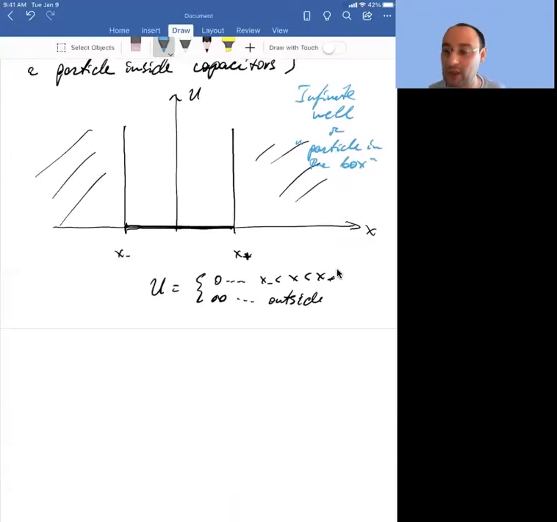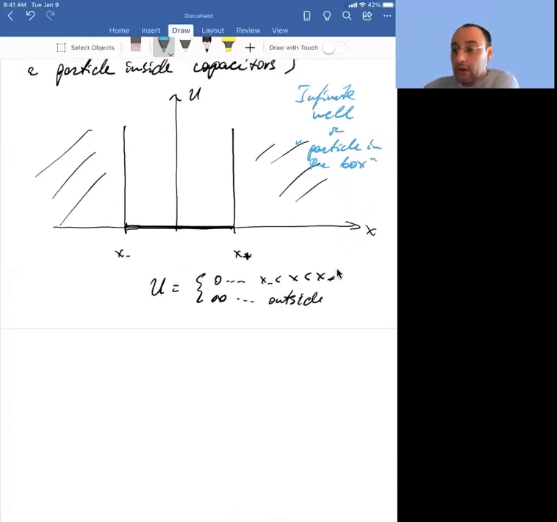A lot of features of the solution, the way that wave functions behave, the set of wave functions that we obtain, the set of energies, a lot of that will carry over qualitatively to more realistic problems, which are hard to solve.